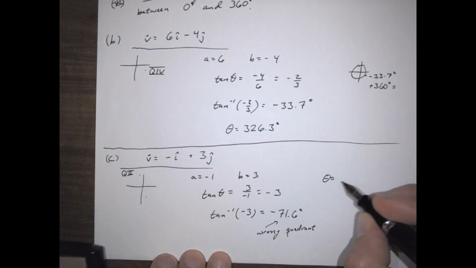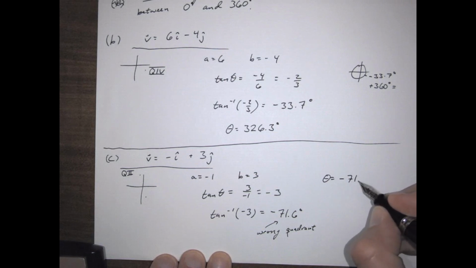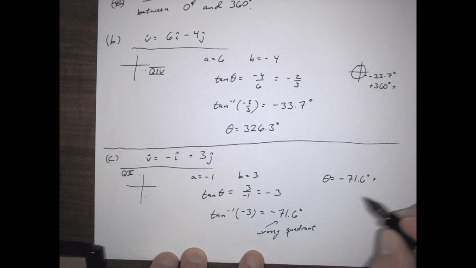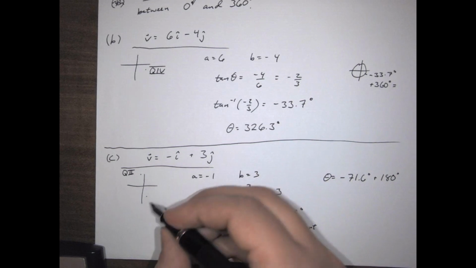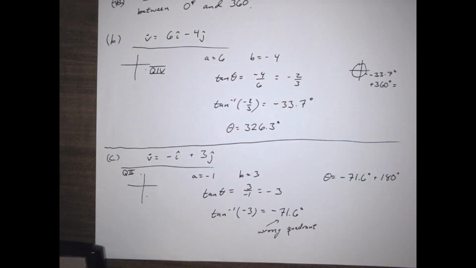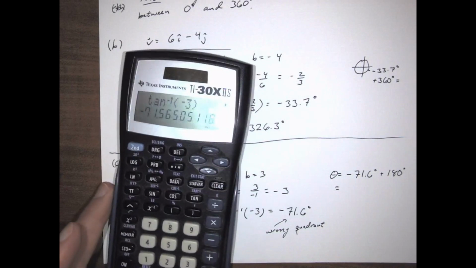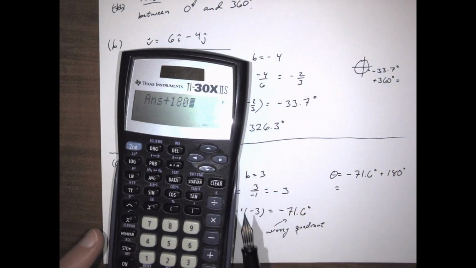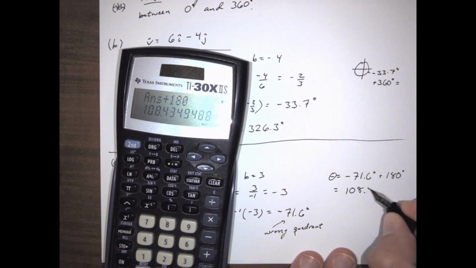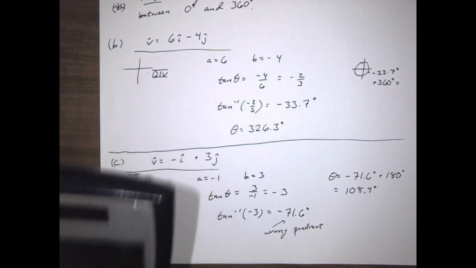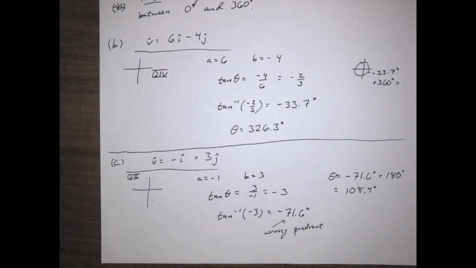So theta is going to be that plus our adjustment, which here the adjustment will be 180 to get us to the other side of the circle, which is the correct quadrant. That'll also give us the answer that's between 0 and 360, so MyLab will be happy. So we just take our previous answer and add 180. So it's 108.4 degrees. So that's how we can evaluate those sorts of things.